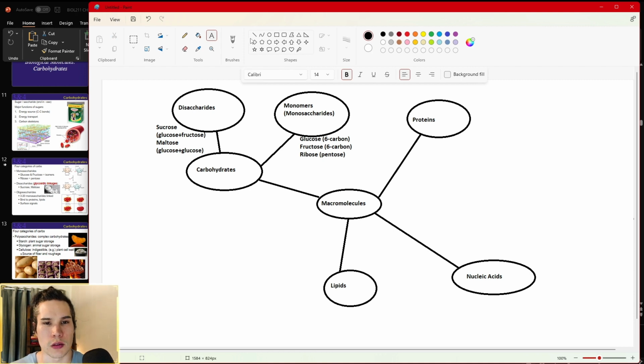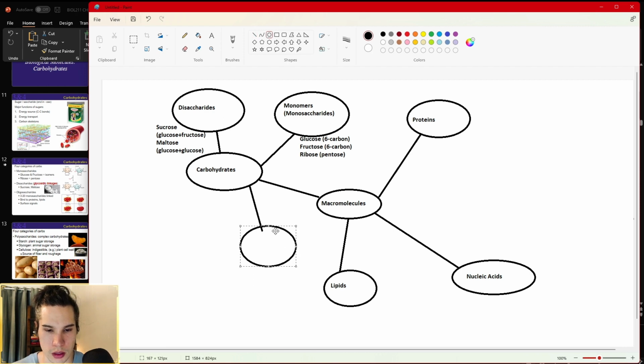Just to branch off a little bit here, when you make those disaccharides, what's linking those things together? So I'll make another category called types of linkages. I think that works.